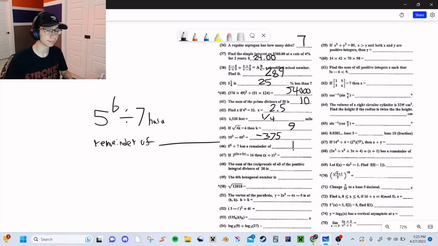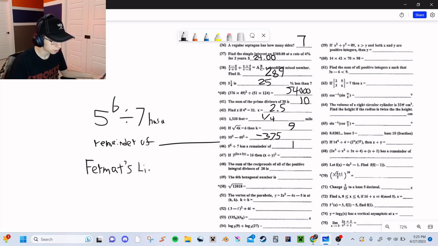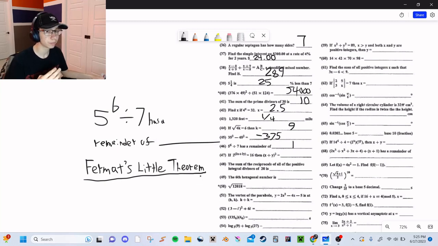How did I know that immediately? It's because of something called Fermat's little theorem. I believe it's Fermat's little theorem. Now, what does Fermat's little theorem state?